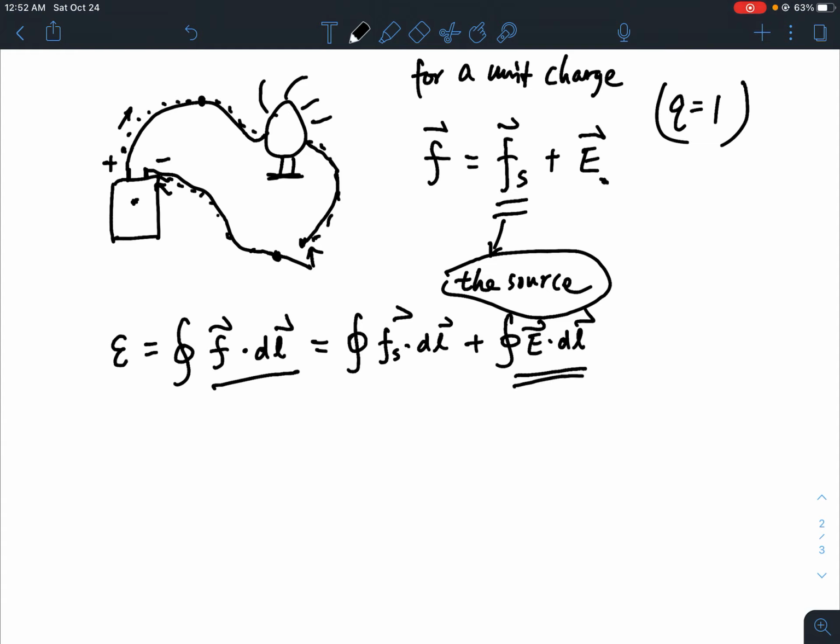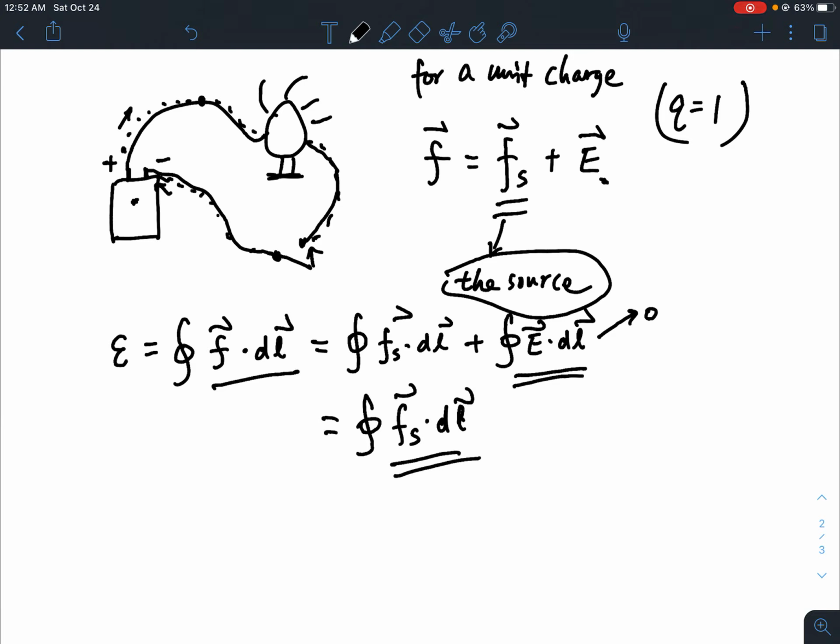As we know, the electric field is curl-less, so this integral is equal to 0. In other words, we just have this remaining integral.